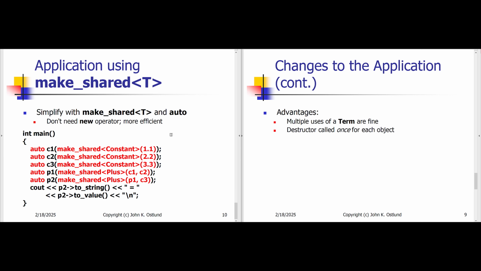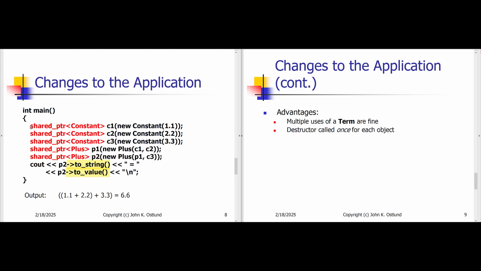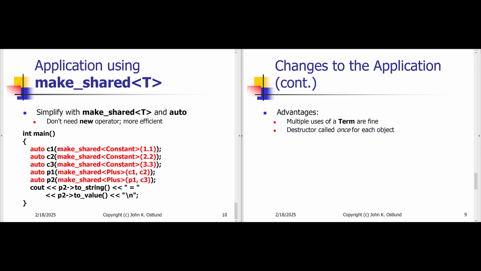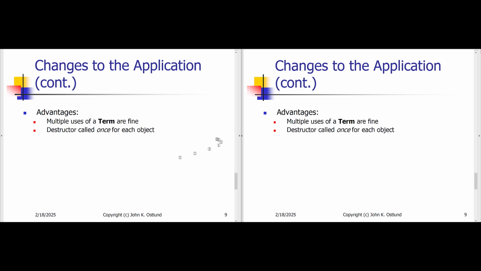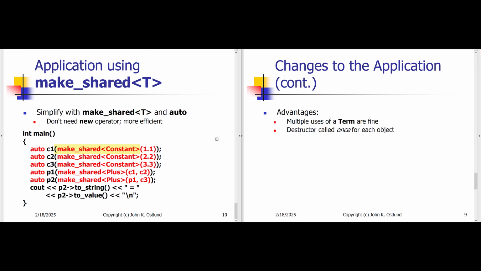Instead of writing out this detailed declaration, shared pointer constant, for our variables C1 and C2 and C3, and then explicitly invoking new to create a new constant object for that shared pointer to contain the address of, we can avoid using new by instead using make shared with the data type of the thing for which we want to create a shared pointer.